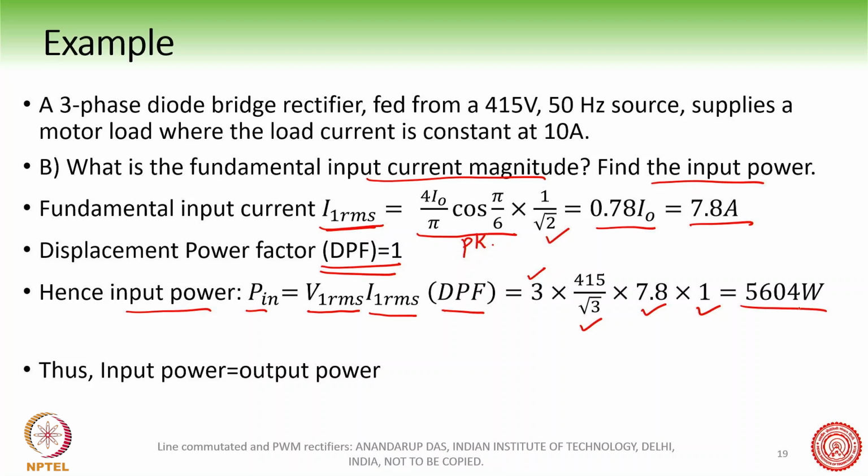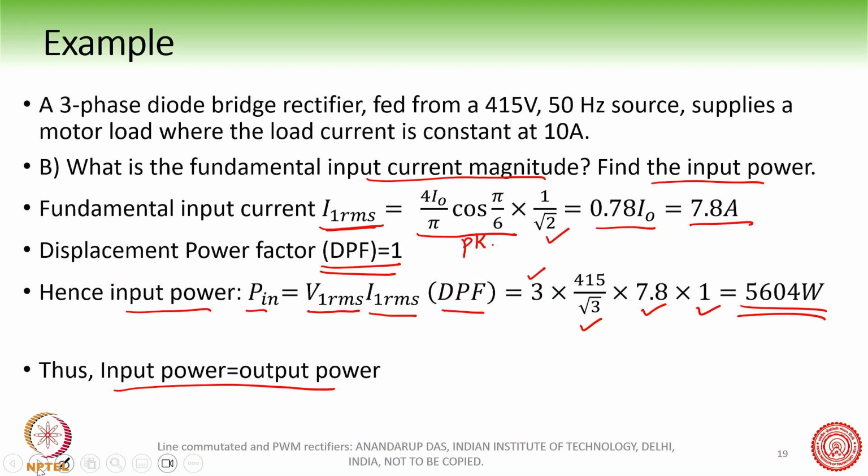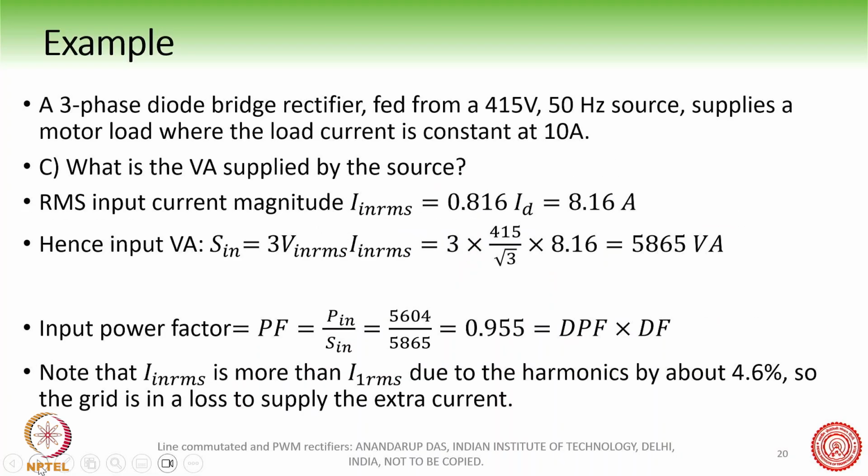Therefore the input power is 5604 watt. As expected, the input power is equal to the output power, because we have assumed that this converter is lossless, an ideal converter. So the input power and output power are matching with each other.